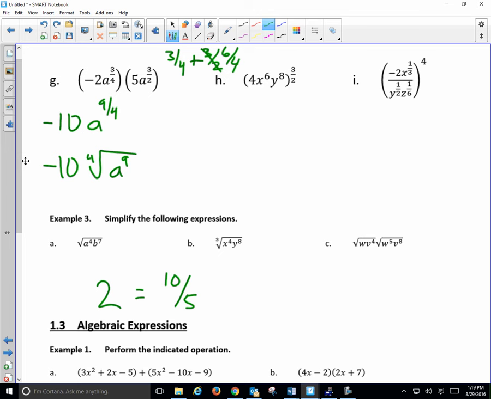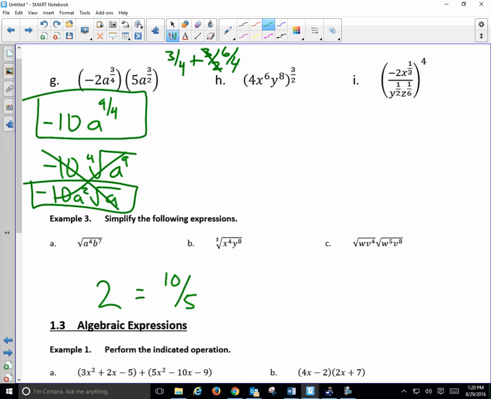This is not simplified. What is a perfect fourth power? You can take out an a of 9, a to the 8th. So -10a squared, a root of a. So if you want to go this route, fine. But if you're going to impress me, then you better do that. How about don't worry about impressing me and just leave it as that?